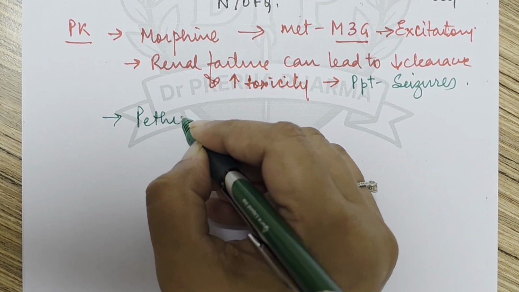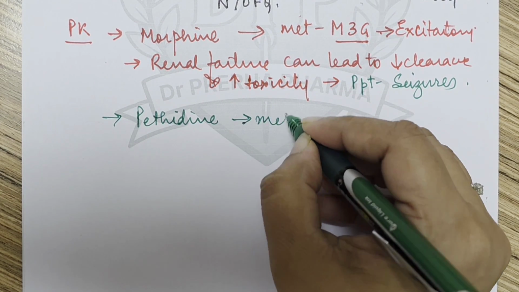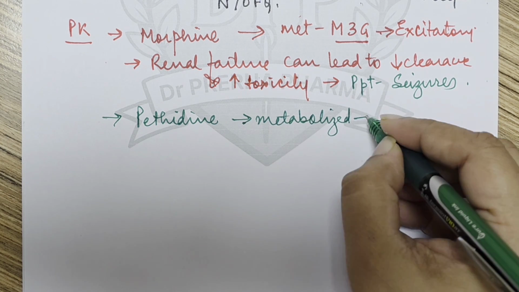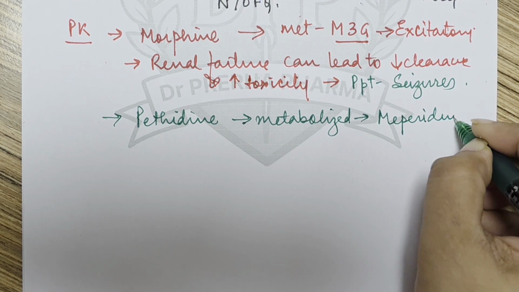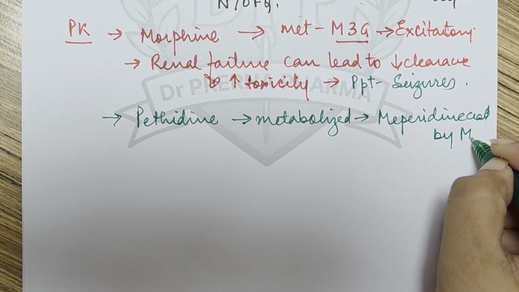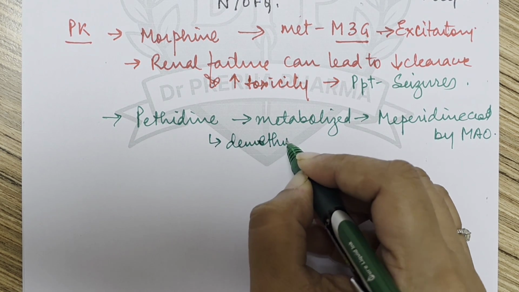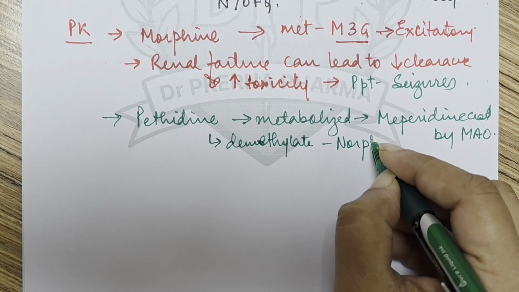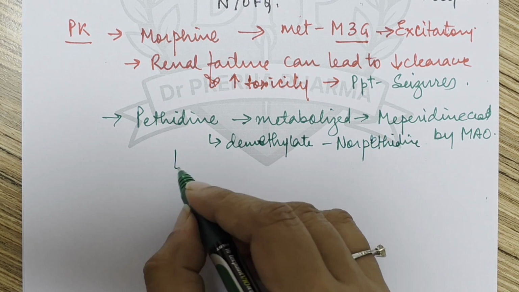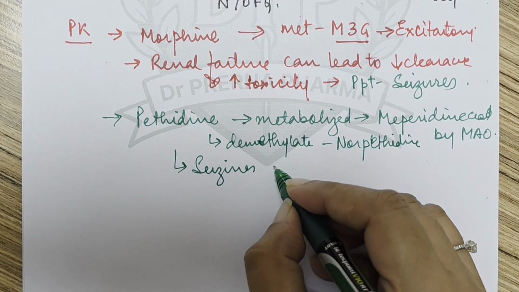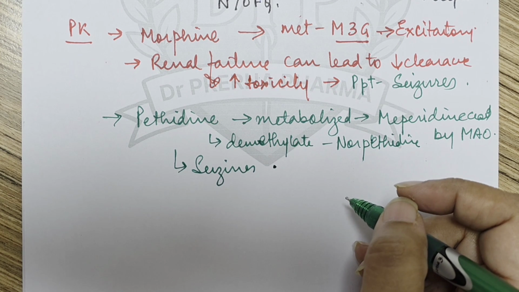Next is pethidine. Pethidine is metabolized mainly to meperidinic acid, and it is also demethylated to norpethidine. It can result in seizures, right, if it is used for prolonged periods.